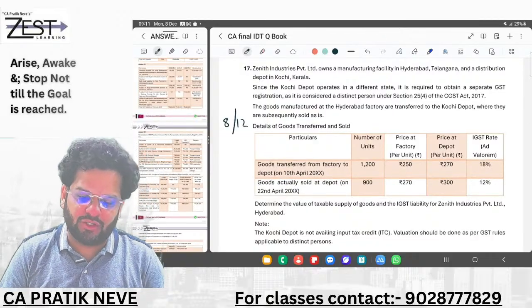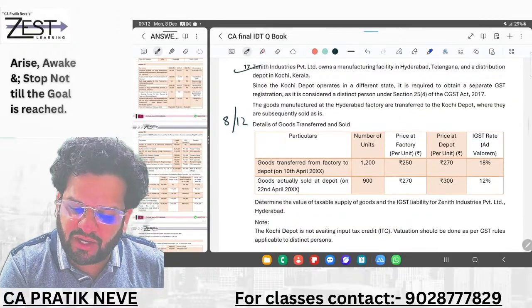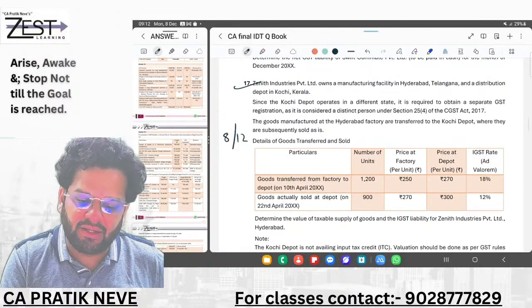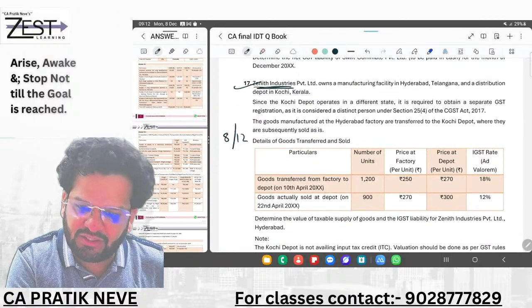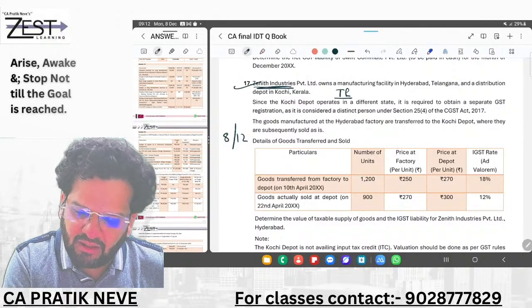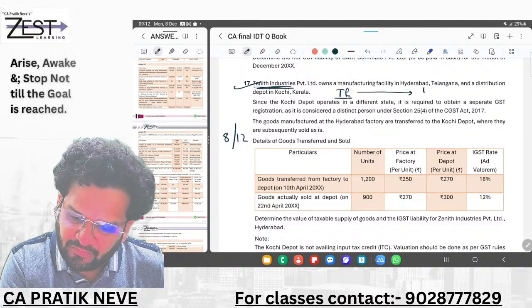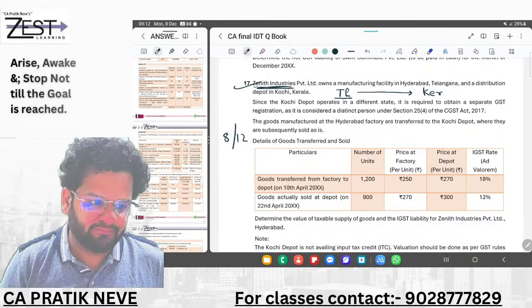See 17th question. Zenith Industries owns a manufacturing facility in Hyderabad, Telangana. So this Zenith Industries has a unit in say Telangana and a distribution depot in Kochi, Kerala.